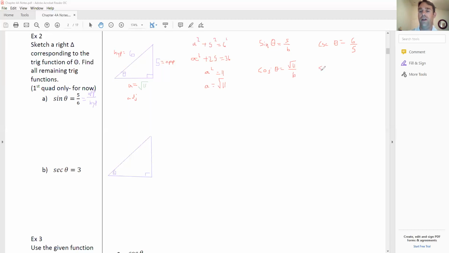And secant of theta is 6 over square root of 11. And tangent of theta, that would be 5 over root 11. So that means cotangent of theta is going to be the reciprocal of that. So root 11 over 5.